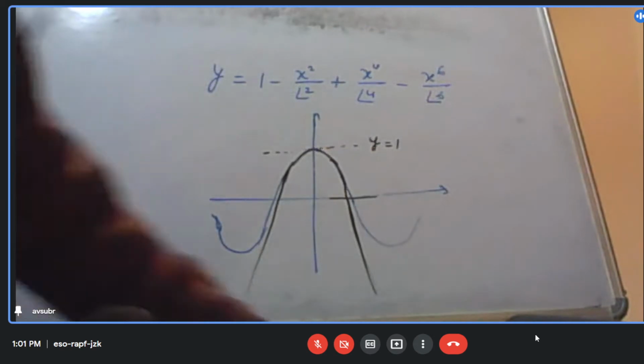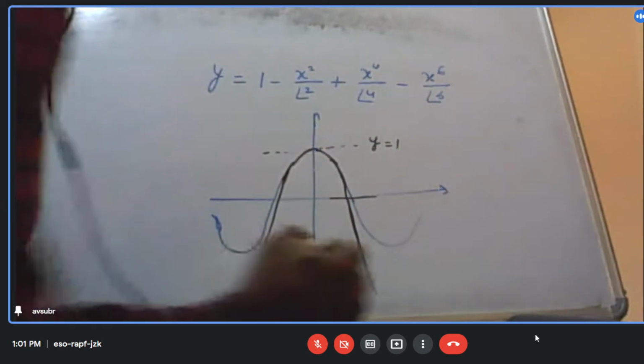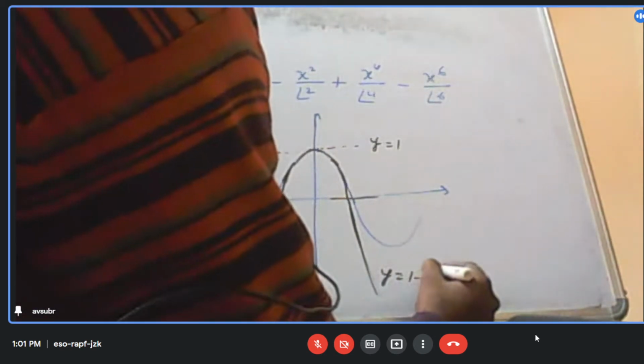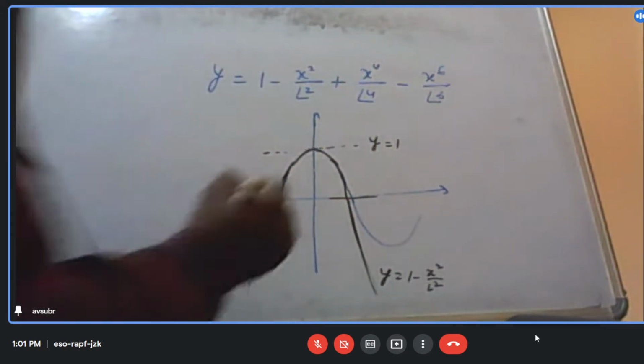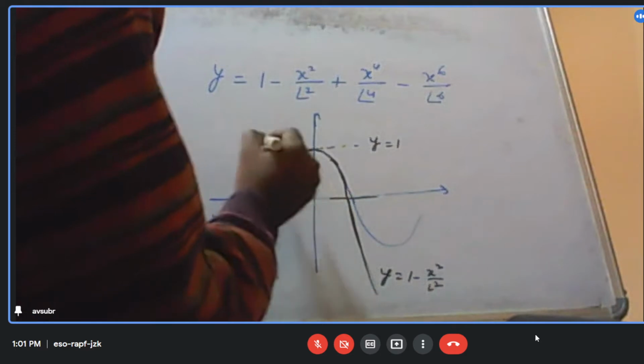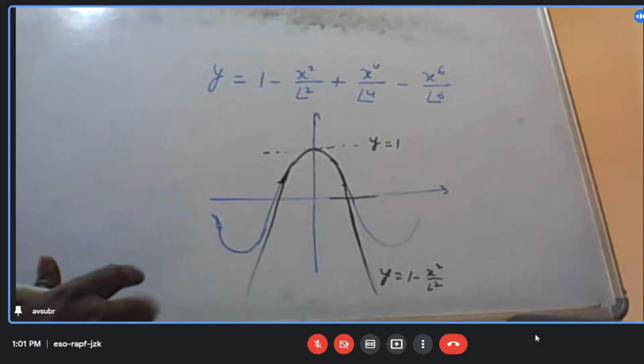Okay, this is our y equal to 1 minus x square by factorial 2. That is our parabolic curve. So it was giving good result up to this point.